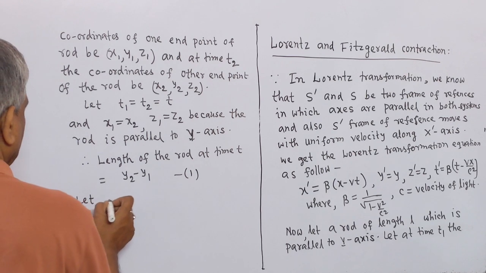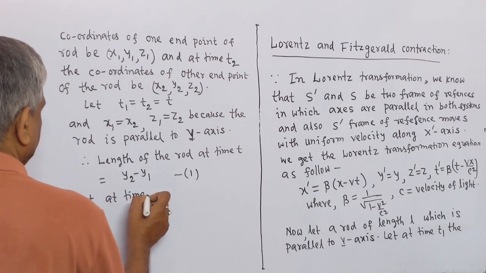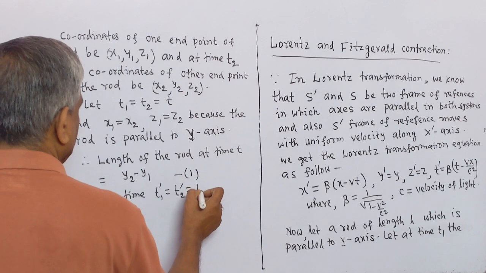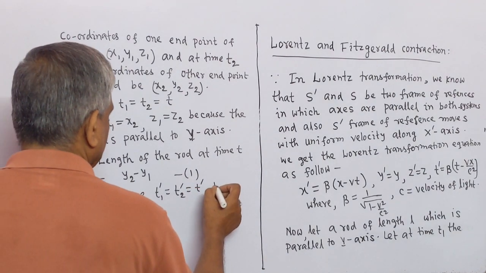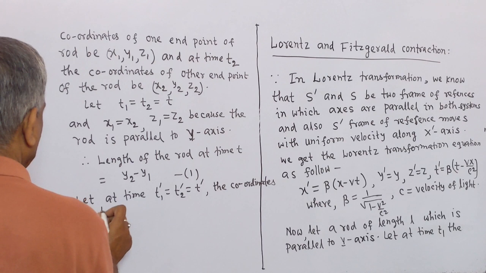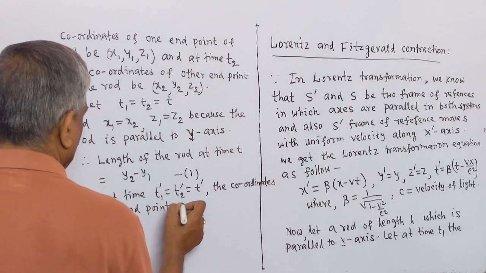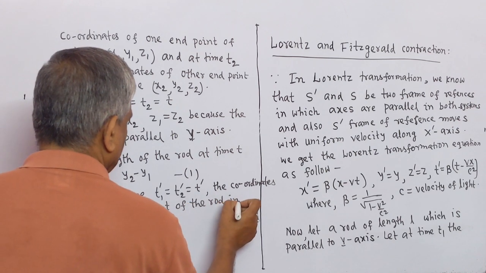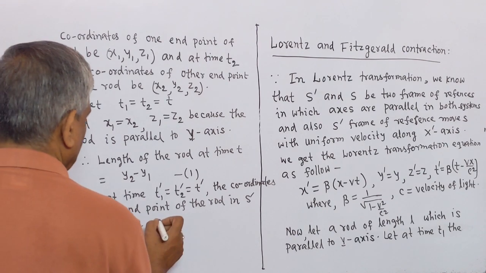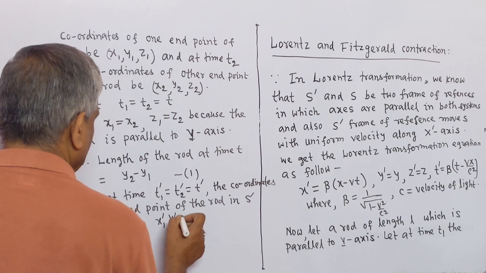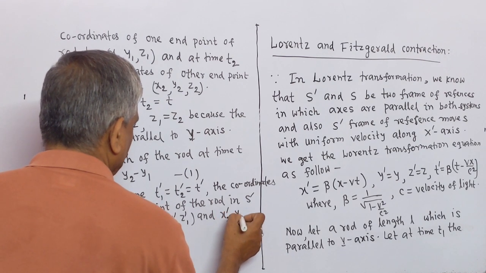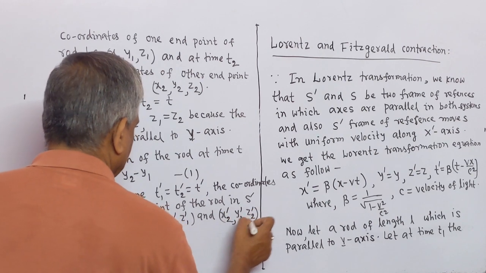Let at time t1 prime equal to t2 prime equal to t prime, the coordinates of the endpoint of the rod in S prime system be x1 prime, y1 prime, z1 prime and x2 prime, y2 prime, z2 prime respectively.